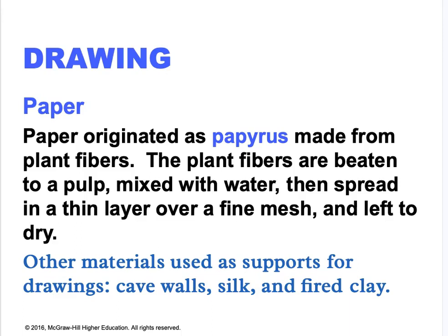Even today, modern paper is essentially the same idea. It's just made in a much more manufactured, thin way. True papyrus would have been pretty thick, pretty dense material. Not anything like the modern paper that we have today that you can almost see through when you hold it up to the light.